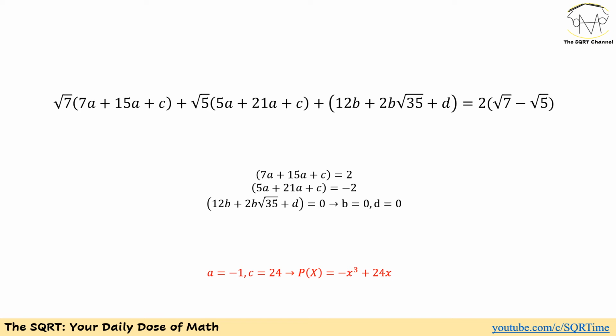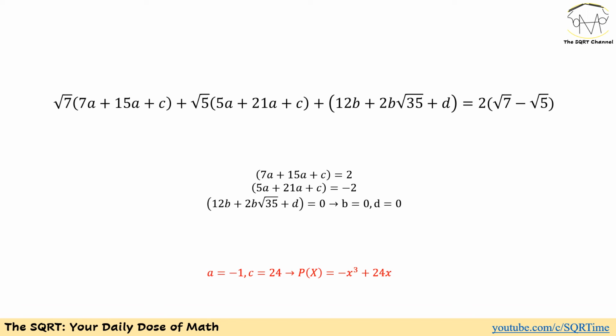Because of that, I'm going to put b to 0. As a result, what we are going to end up with is an expression that is multiplied by square root of 7, an expression that is multiplied by square root of 5, and d. As you can see, the outcome doesn't have anything except for radical 7 and radical 5. So we need to put d equal to 0.